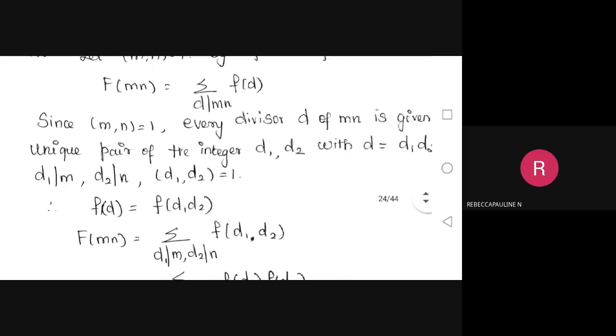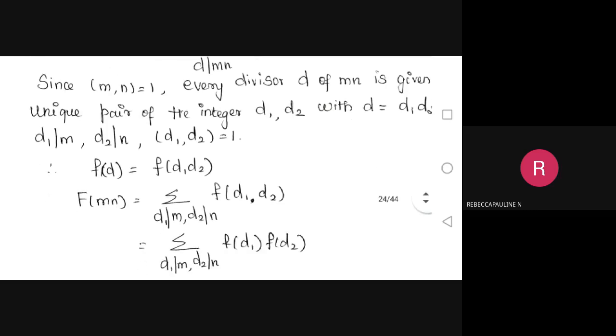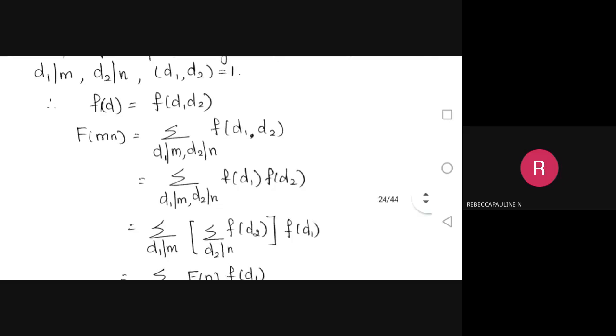Then capital F of mn is equal to the summation over d dividing mn. So d is the product of d1 and d2, where d1 divides m and d2 divides n. So summation over d1 divides m and d2 divides n, f of d1 into d2. Then the summation can be split: summation d1 divides m and summation d2 divides n, f of d1 into f of d2. It can be rearranged. Within the square bracket, I am taking summation d2 divides n f of d2, and outside the square bracket, summation d1 divides m f of d1.